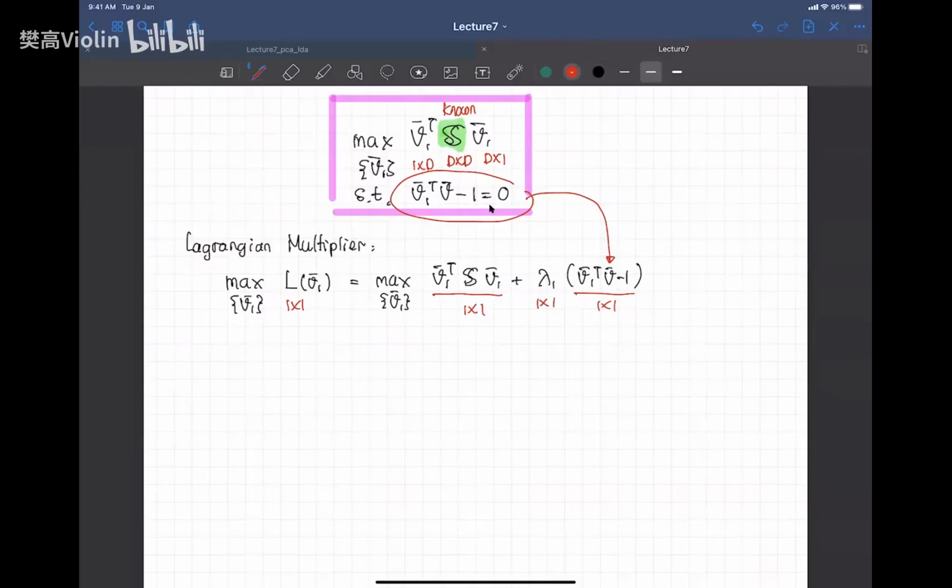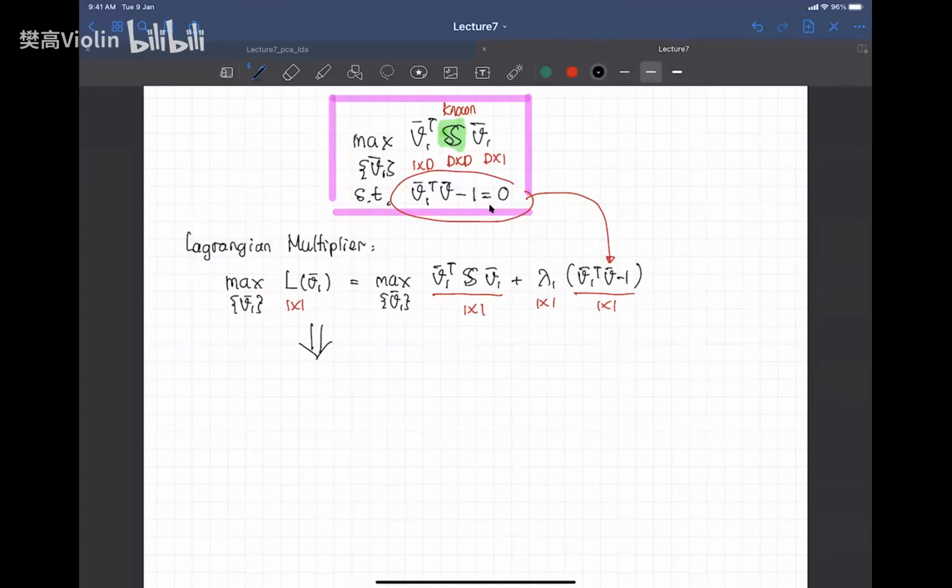Any questions? Okay, so if there are no questions, maximizing L means what? If you want to maximize L here, what do you need to do? Anyone? What do we need to do next if you want to maximize L?